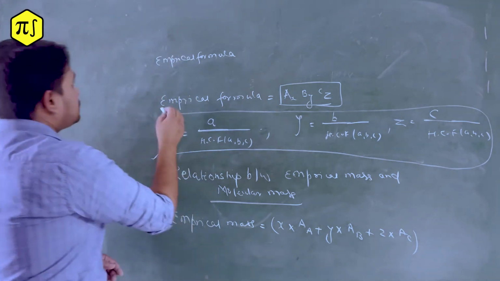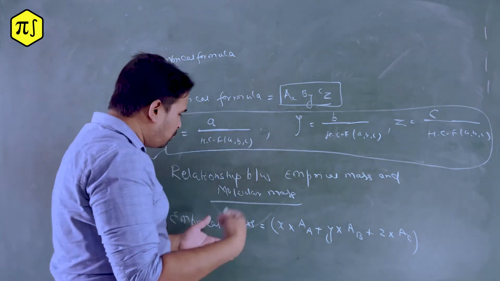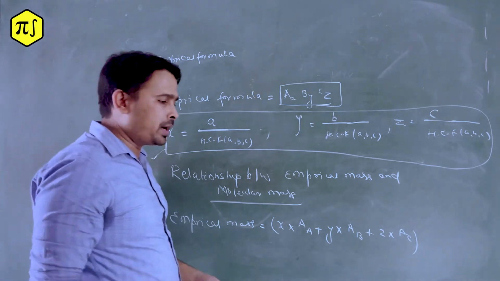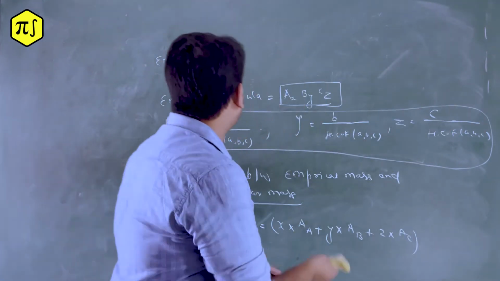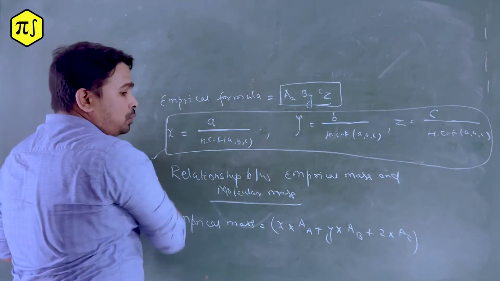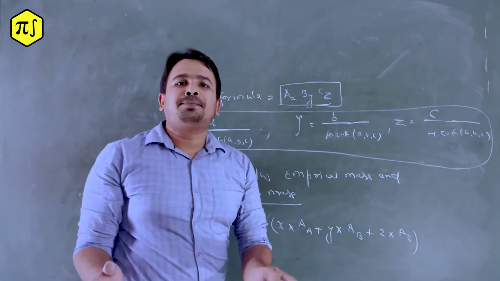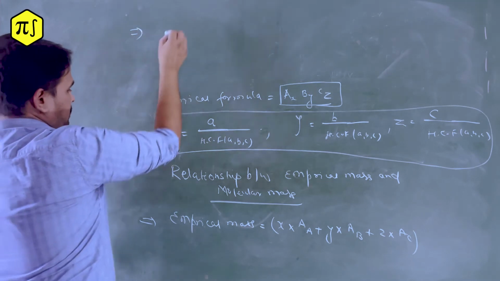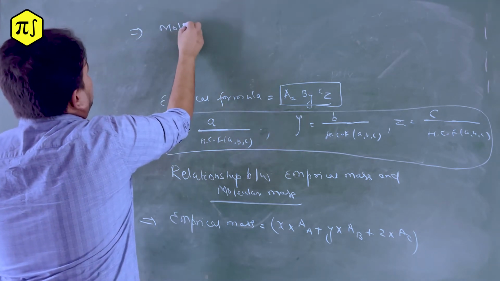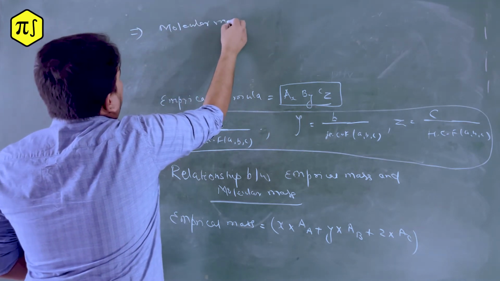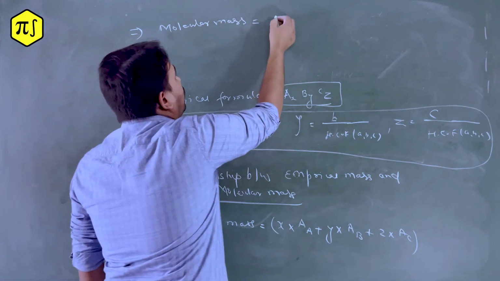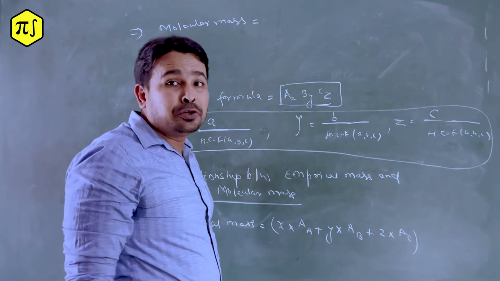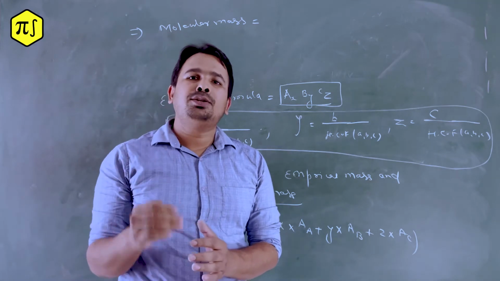Now let's try to write down the molecular mass, right? And now it's easy, guys, straightforward. So let me write down the molecular mass, and then you will be able to see easily the relationship, which you remember from long back. We know the molecular formula, we assume it to be AA, BB and CC.